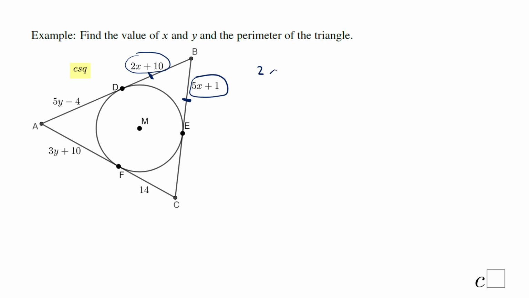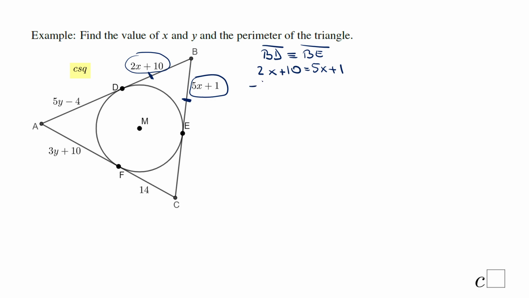So that's the reason I'm going to write here 2x plus 10 equal 5x plus 1. And again, the reason is very simple. BD and BE are congruent. They start from the same exterior point and they are tangent to circle M. Let's solve this equation.